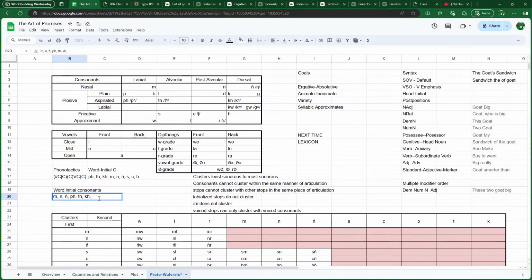And then I'll have all of the voiced ones too. B, d, g, and then the fricatives. S, sh, h. Oh, we already determined what was word initial.